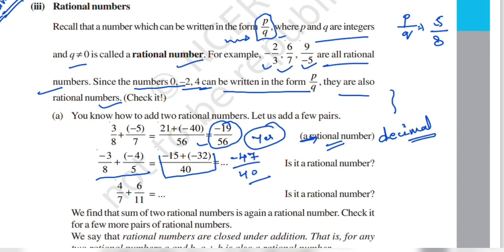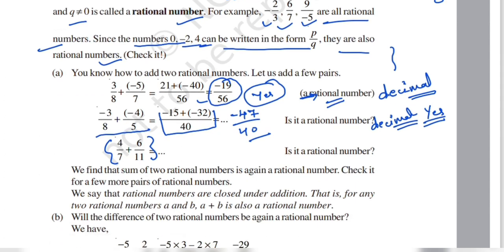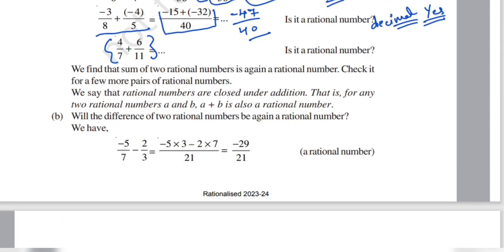The result will again be in the form of a decimal. So again, is it rational or not? Of course it is rational. Now when you solve these two, what will you get? Try by yourself and just tell me in the comment section whether you are getting a rational number or not. Now we find that the sum of two rational numbers is again a rational number.